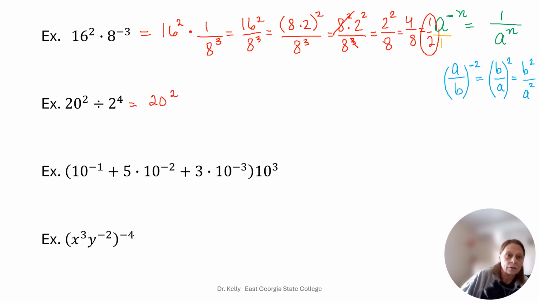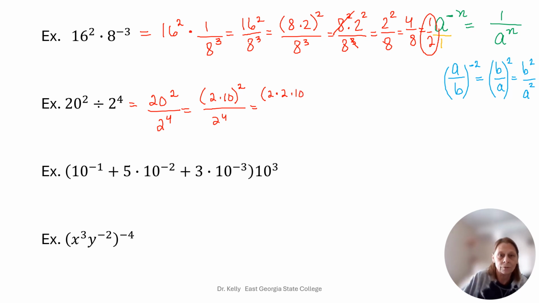We've got 20 squared over 2 to the 4th power. So 20 can be rewritten as 2 times 10, squared, over 2 to the 4th power. But no, 10's got 2's in it too. So this is going to be 2 times 2 times 5, not 10, sorry, 5.